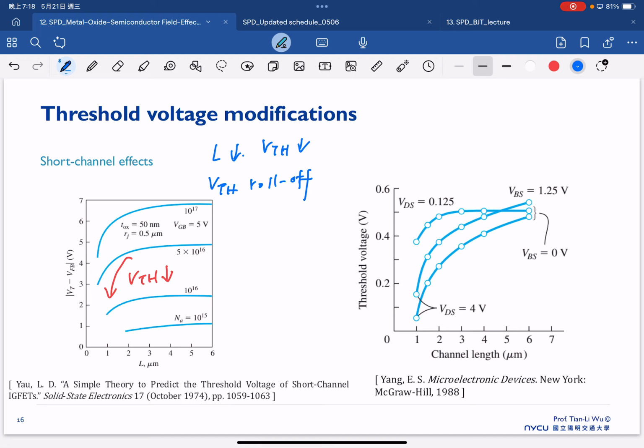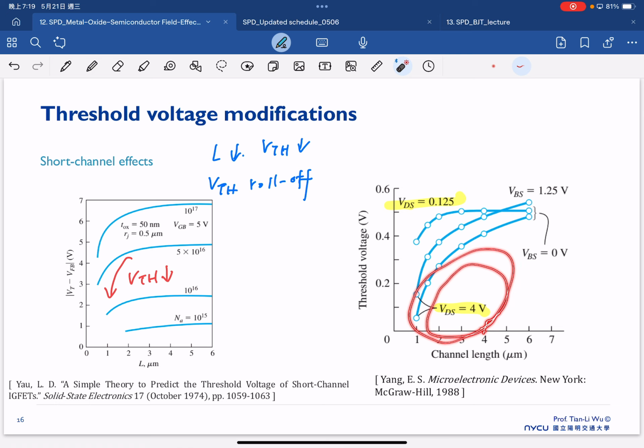And because we only bias the drain side, we can also expect that this threshold voltage roll-off is highly dependent on VDS, right? So you can see with larger VDS, the threshold voltage decreases largely. And the reason behind it, I think, should be very clear by now.